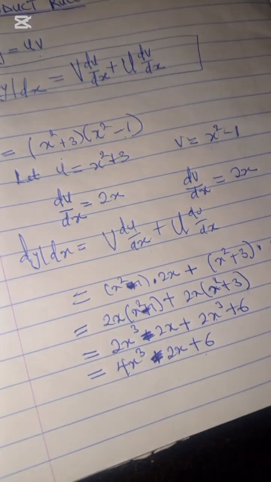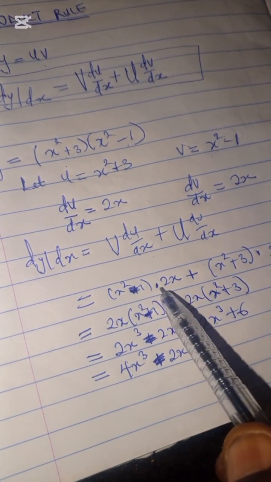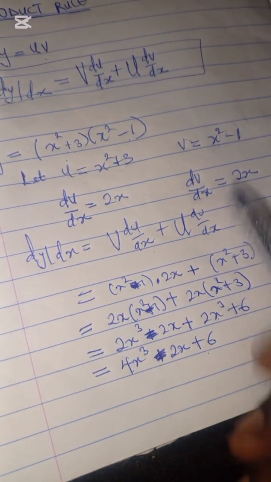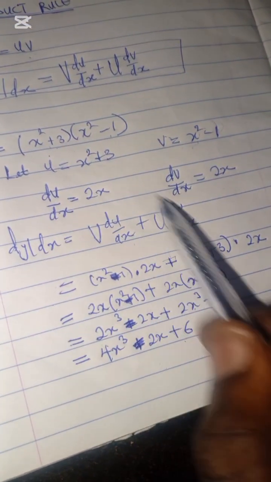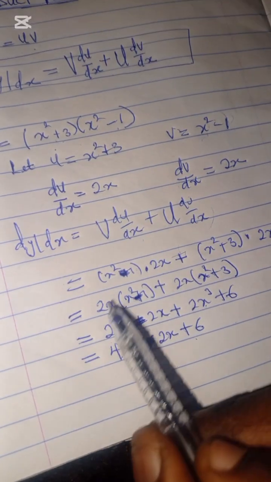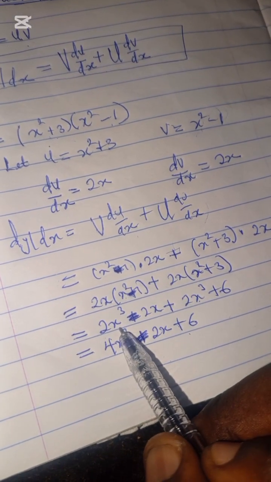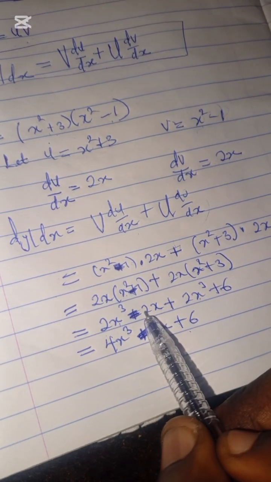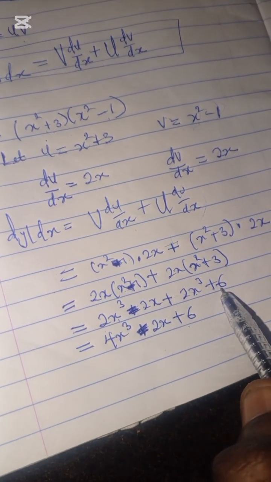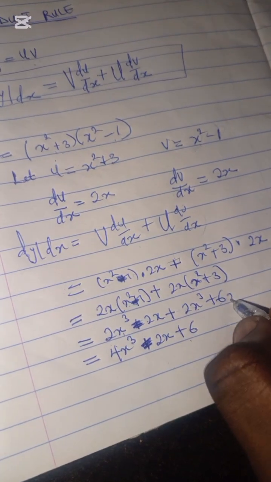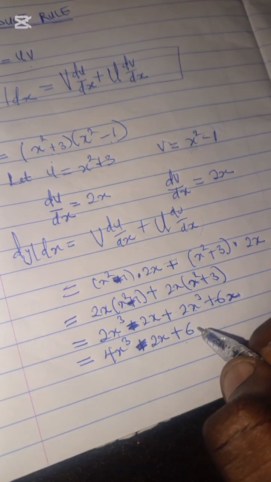Let's go over the steps again. v is x squared minus 1, multiplied by du over dx, which is 2x, plus x squared plus 3, that's u, multiplied by dv over dx, which is also 2x. Open the brackets. 2x multiplied by this gives 2x cubed minus 2x, plus 2x cubed, plus, this is meant to be 6x, because 2x multiplied by 3 is 6x.